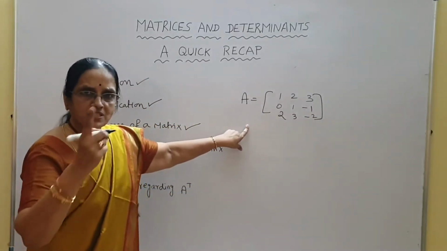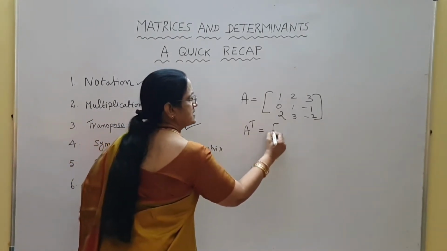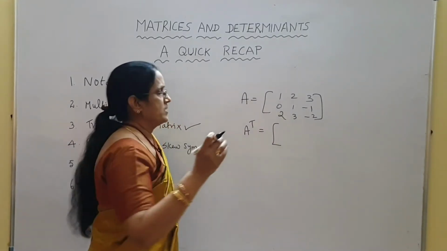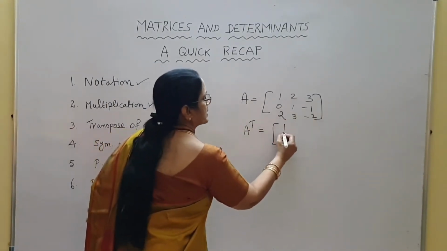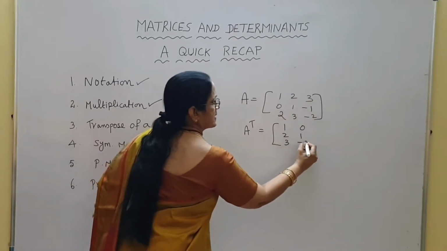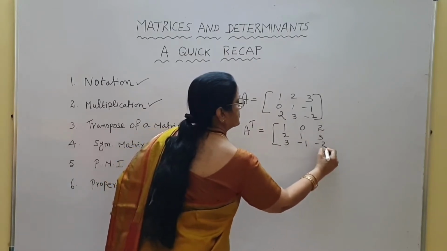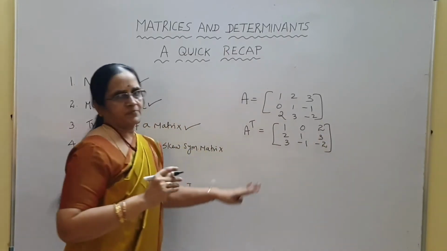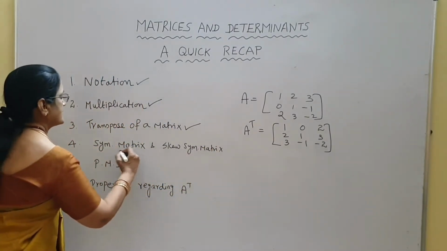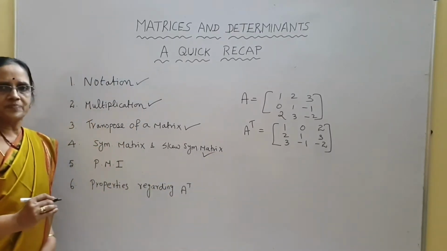Then the transpose is represented by A transpose, where you interchange the rows and columns. That means the first row will become the first column, second row will become the second column, third row will become the third column. Very simple concept.